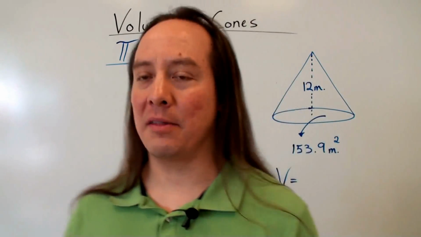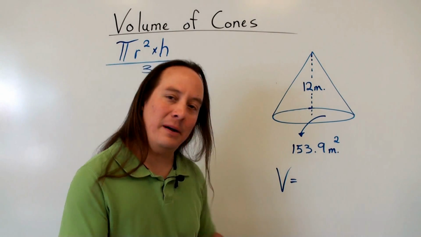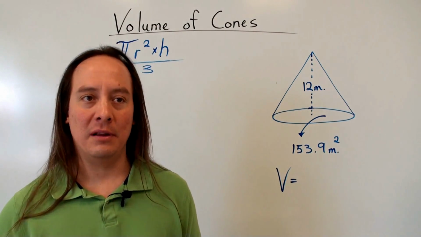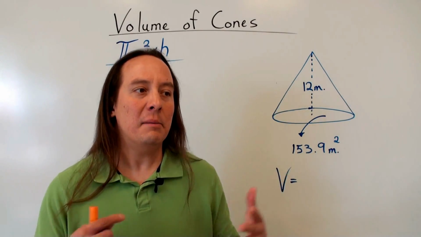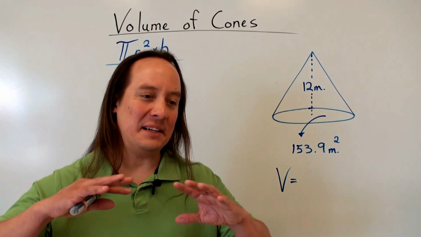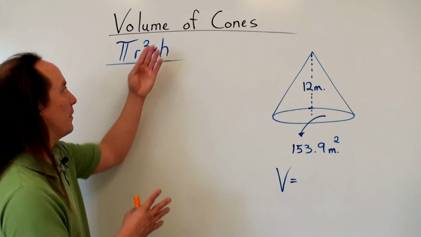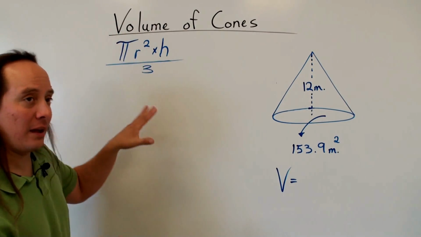So we have to ask ourselves, what part of the formula is talking about the area of a circle? This is why I said at the beginning, and I talked about it also in pyramids and cylinders, these kinds of formulas build on each other. We have to start recognizing what this is, what that is, what the whole thing is.